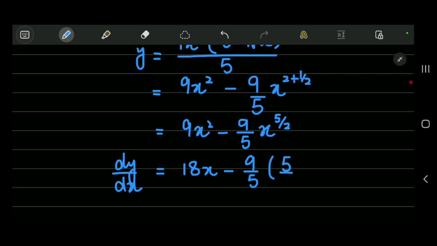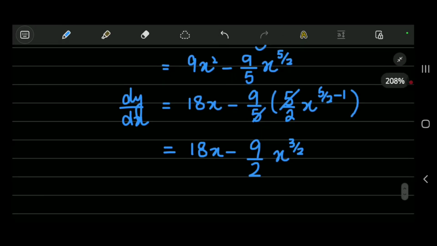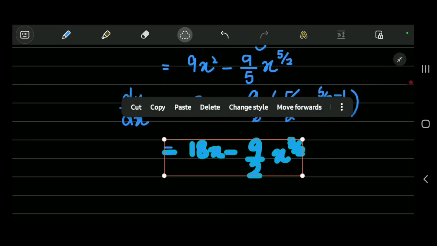So n is 5 over 2, x to the power 5 over 2 minus 1. This is going to give you 18x minus, when you simplify 5 and 5 will be cancelled, 9 over 2 times x to the power 3 over 2. So putting this dy by dx equals 0 to find the stationary point.